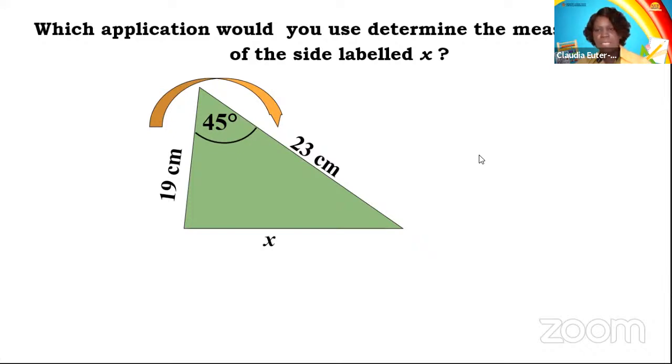I think Micah is saying to me the angle is between the two given lengths, and that's why you chose the cosine rule.